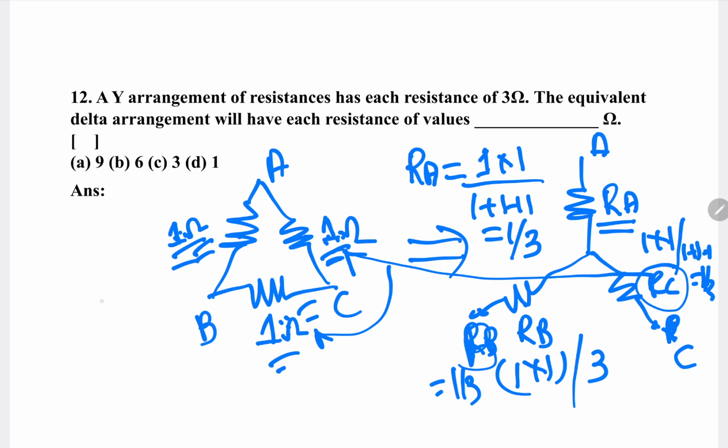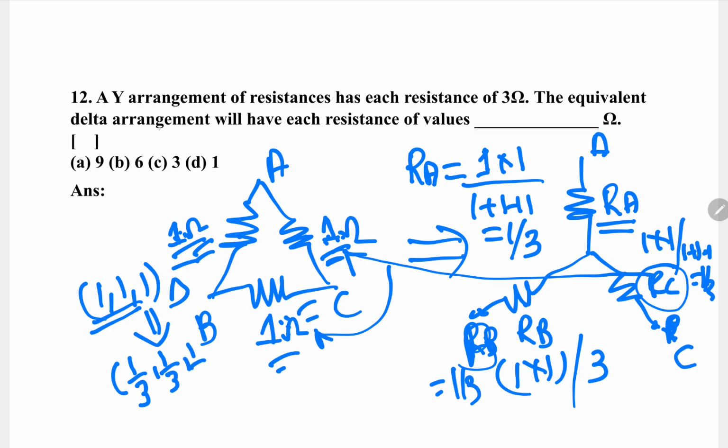Did you observe 1, 1, 1 in the delta network? Whenever equal resistors are connected in delta, they become 1 by 3, 1 by 3, 1 by 3 in the star network. So when I am transforming delta into star, the value is reducing. Whenever you are getting any confusion, remember that delta is a closed network, a strong network, more value.